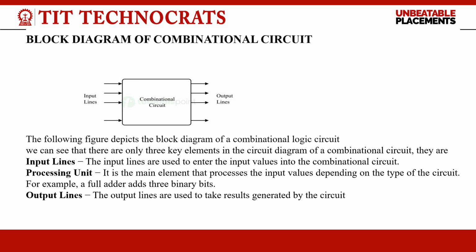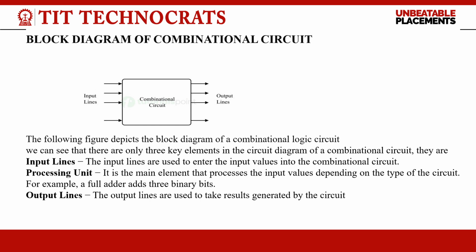In this slide, the block diagram of combinational circuit is available. We have seen that a combinational circuit contains a number of input lines and a number of output lines. Basically, a combinational circuit uses input lines, output lines, and a processing unit.